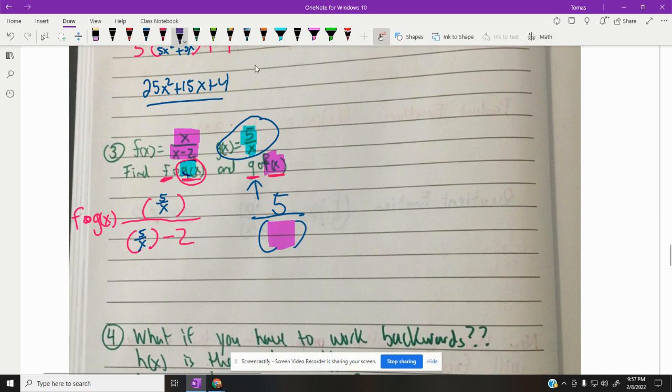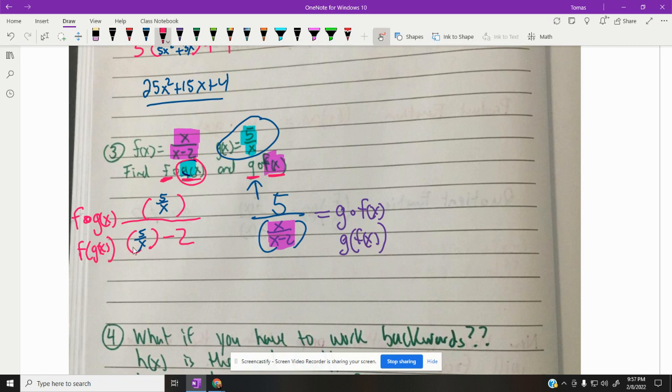Okay, so then my F would be X over X minus 2. And this would be equal to G of F of X, which could also be written as G of F of X, like this. So these are just different notations of how to write it.